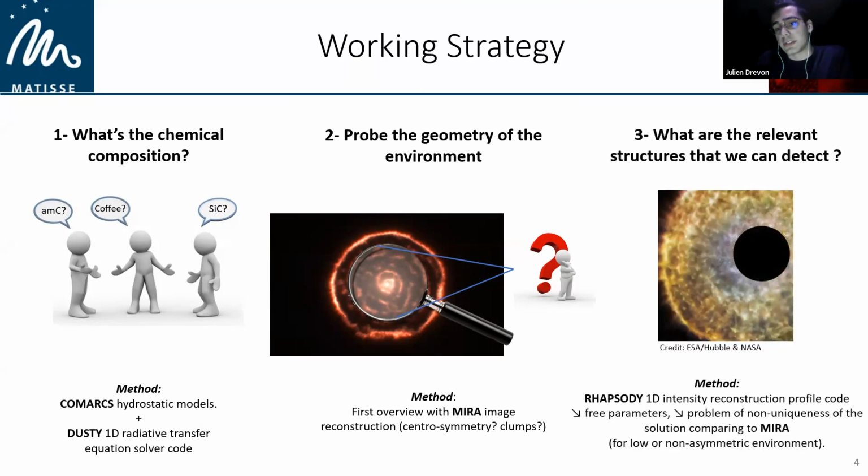In the second step, we also used RHAPSODY, a 1D intensity profile reconstruction code that I coded during my PhD. The advantage of using RHAPSODY as a complement to MIRA is that it uses fewer free parameters, which induces less non-uniqueness of the solution. So both are really interesting to use on this kind of object.